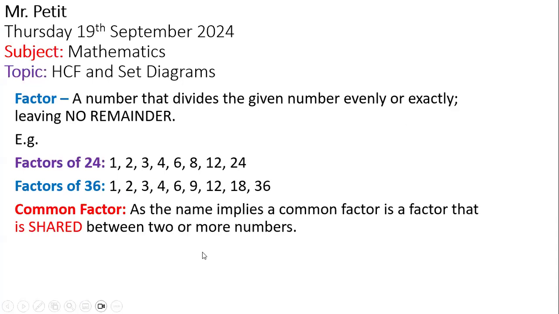I was dealing with my sister. Go ahead, read what we mean by a common factor. As the name implies, a common factor is a factor that is shared between 2 or more numbers. Very good. Are you writing this down, Devin? Yes, sir.